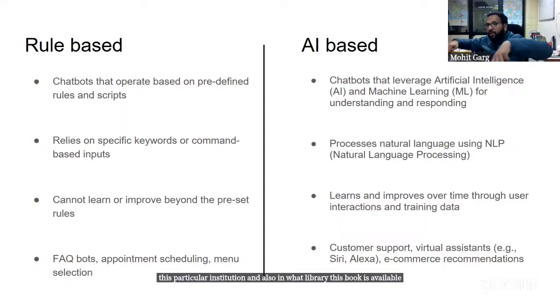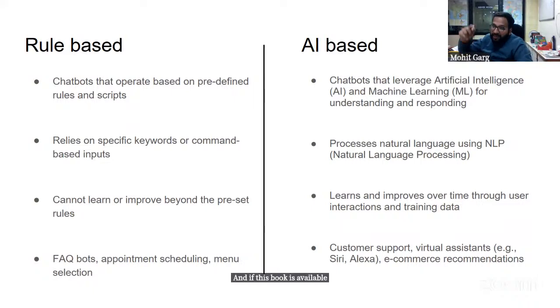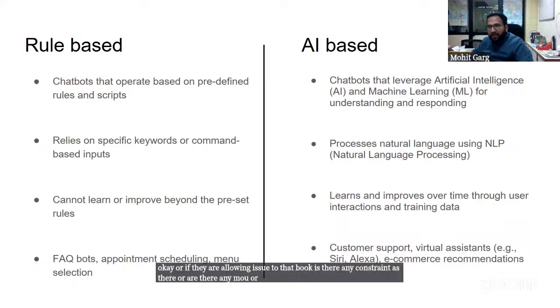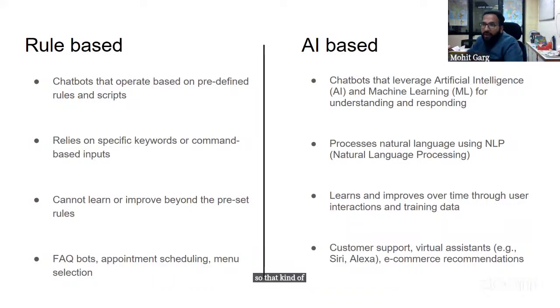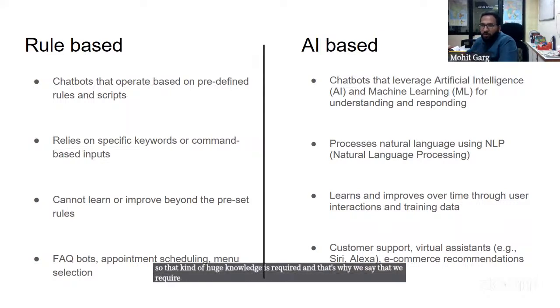And if it is available, whether that library allows interlibrary loan, whether they allow issue of that book, whether there is any constraint, or whether there is any MOU. That kind of huge knowledge is required, and that is where we say we require an AI-based chatbot, not a rule-based chatbot.